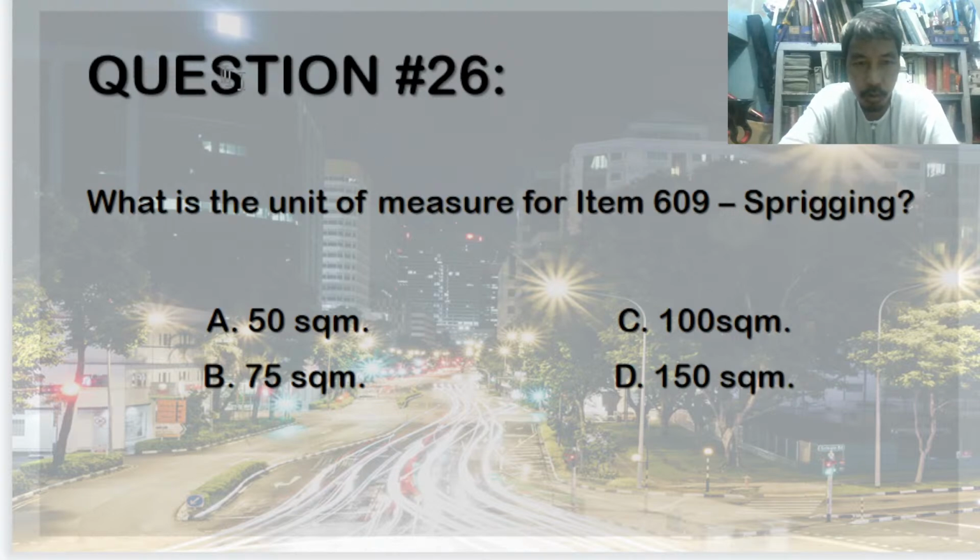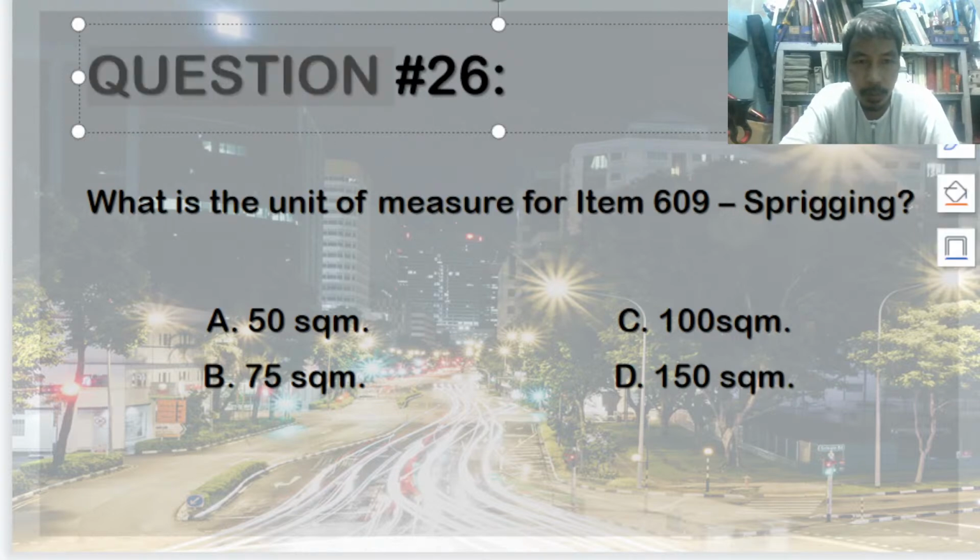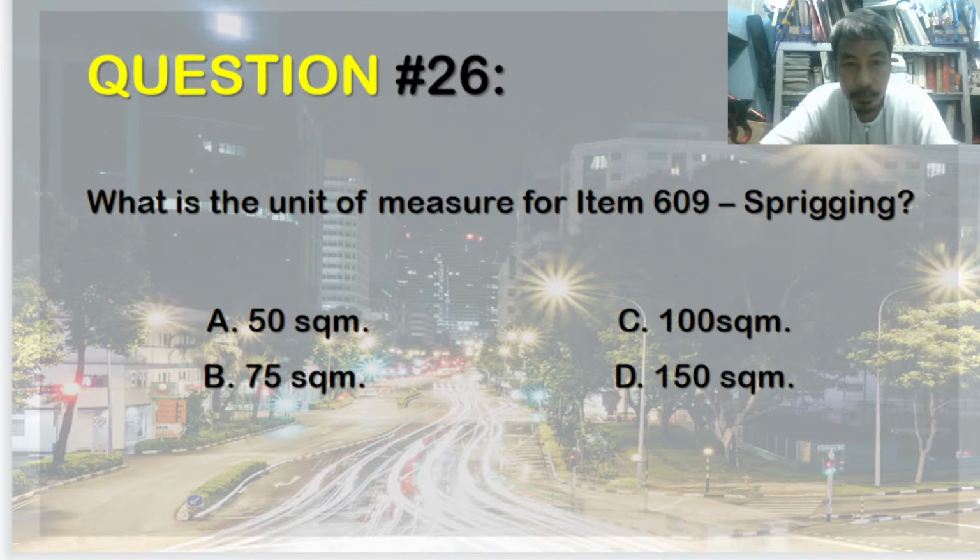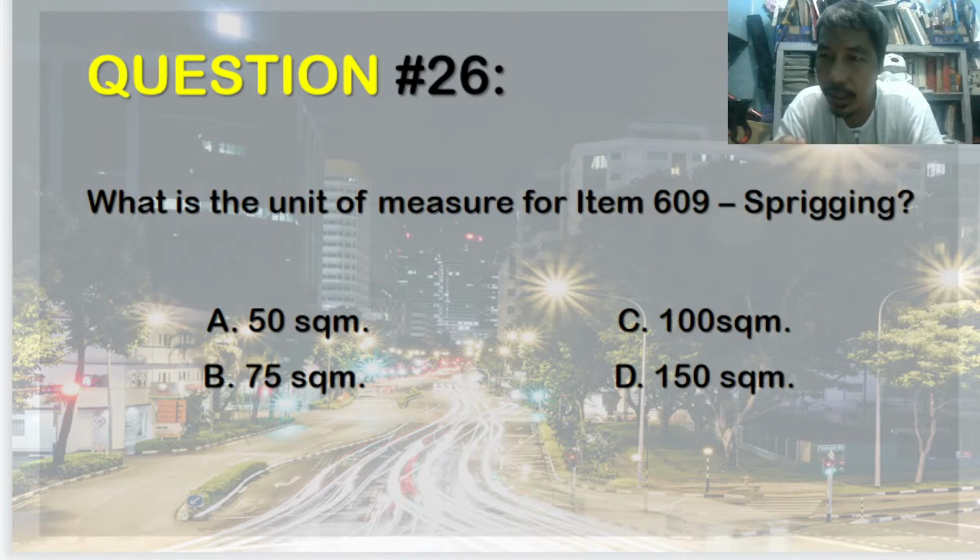Question number 2 for this batch of questions. What is the unit of measure for item 609, sprigging? The department order is issued in terms of item number.